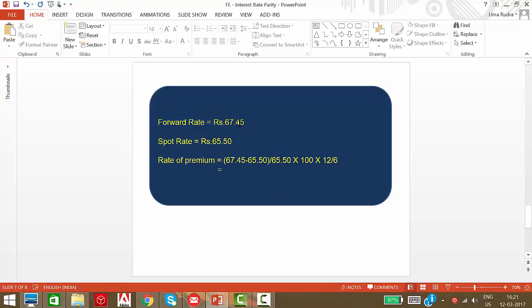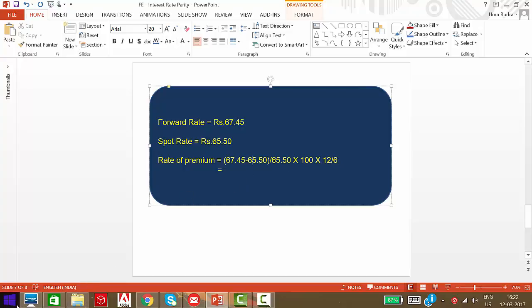So here forward rate is 67.45, spot rate is 65.50. So my premium would be 67.45 minus 65.50, that is forward rate minus spot rate, divided by spot into 100, and this difference is for 6 months. So for annualized it is into 12 by 6.